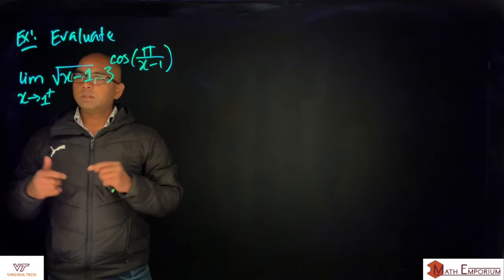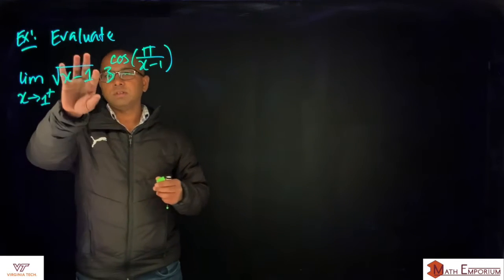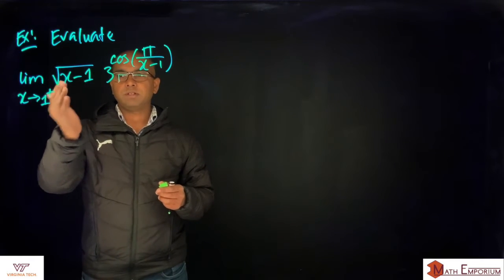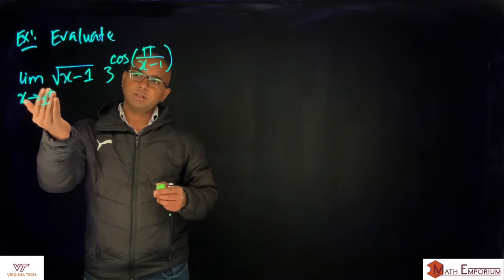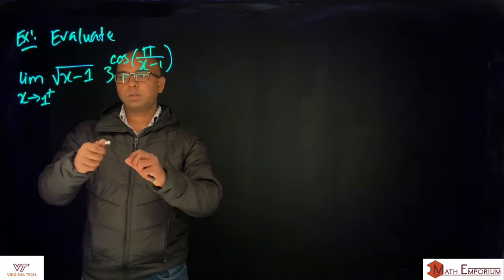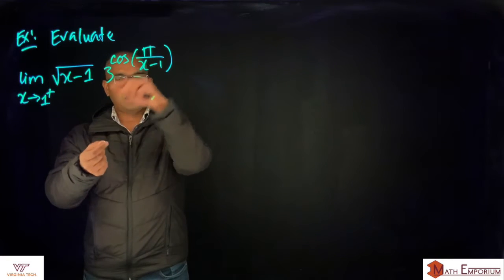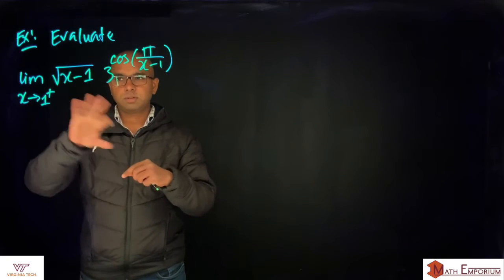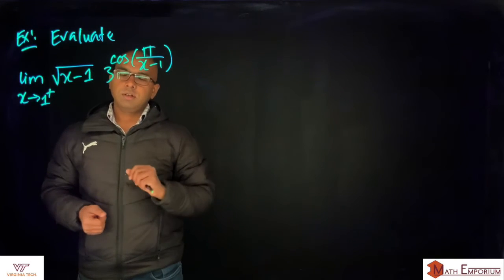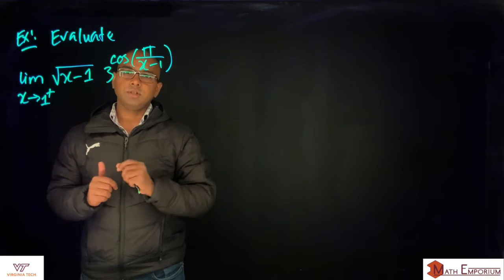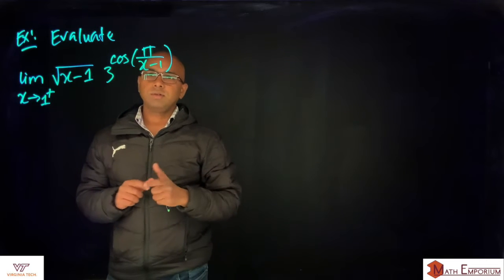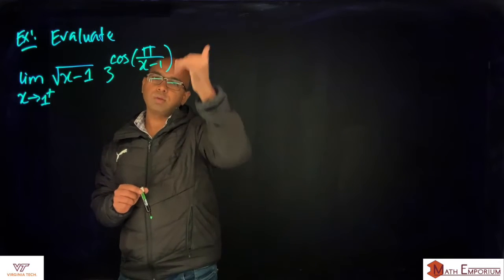Now, what are some issues? First of all, this function, the square root of x minus 1, we can actually take the limit, because the square root is a continuous function, and x minus 1 is a polynomial, so it's a composition of two, and this limit is 0, and then you can take the square root of that because it's continuous, that is 0. You can do that. 3 to something is also continuous, but the problem here is we have cosine of pi over x minus 1, so there is another composition with 1 over x minus 1.